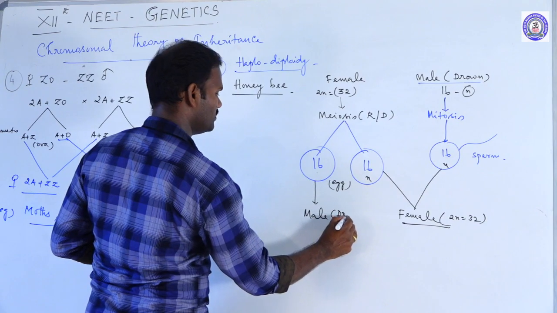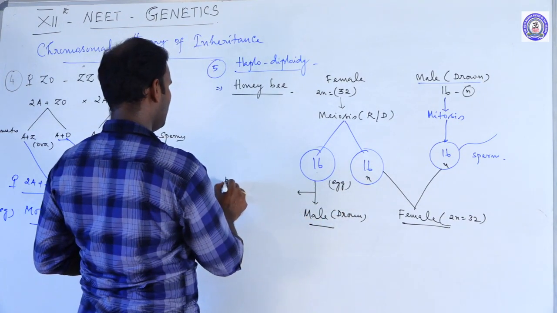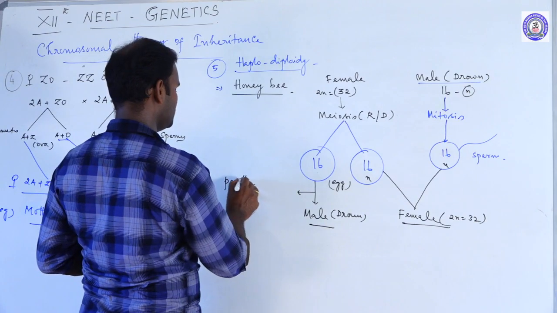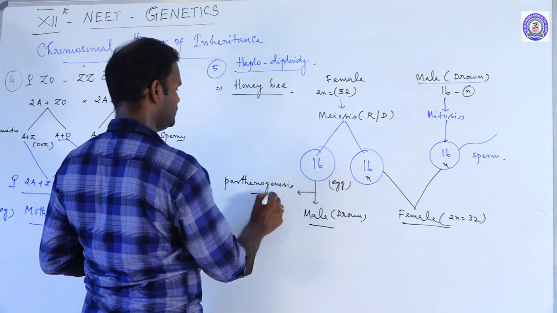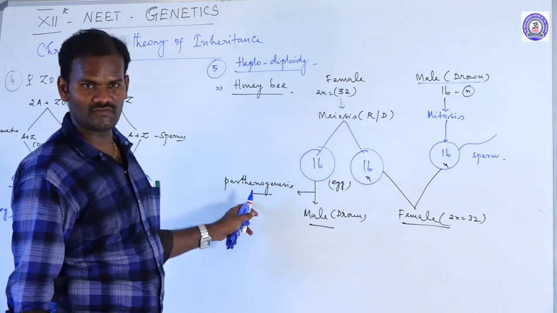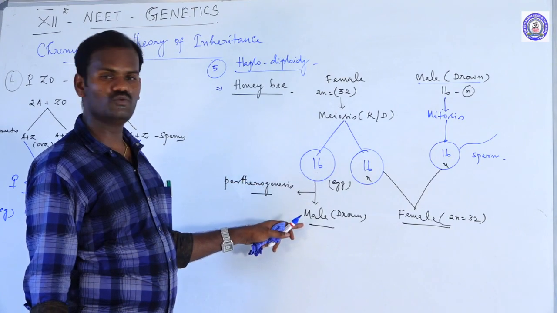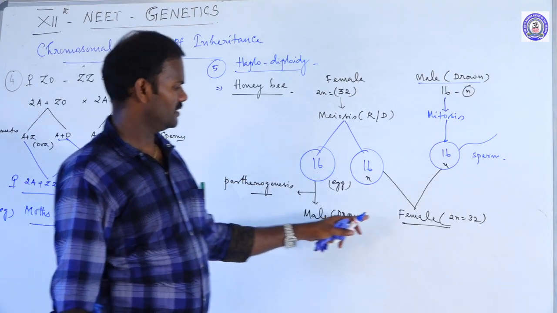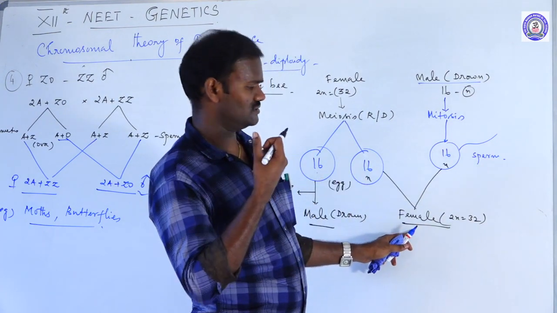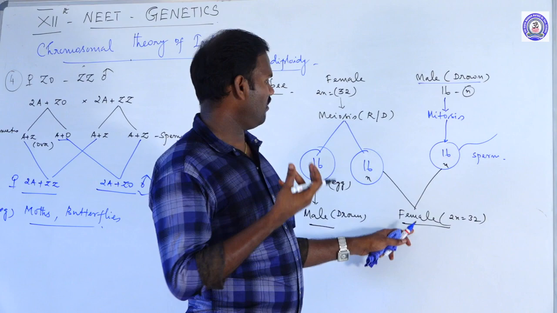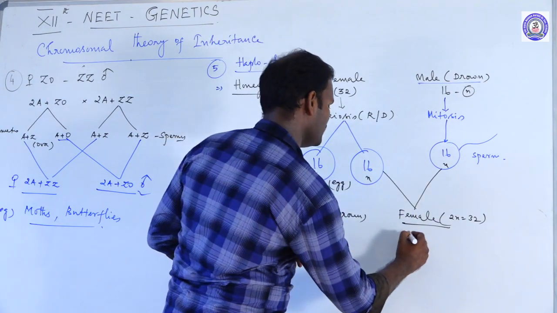Males are also called drones, by the process called parthenogenesis. In the sense, without active fertilization, the eggs directly develop into male. So actually, the queen bee captures all the sperms and stores them in the seminal vesicle.